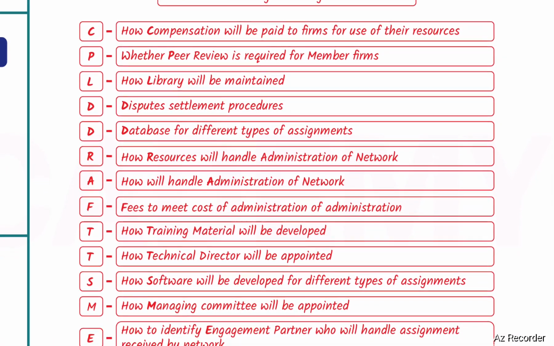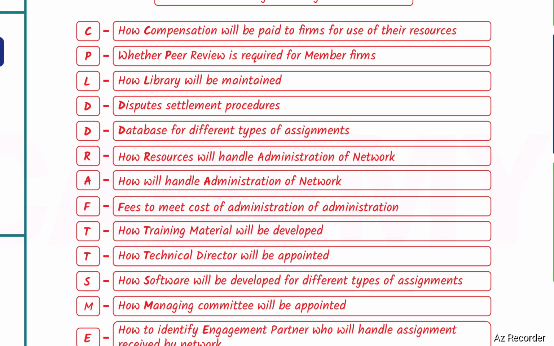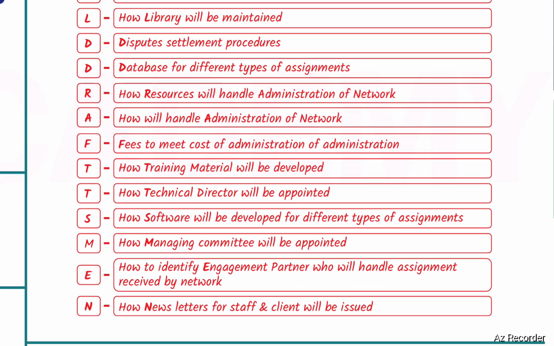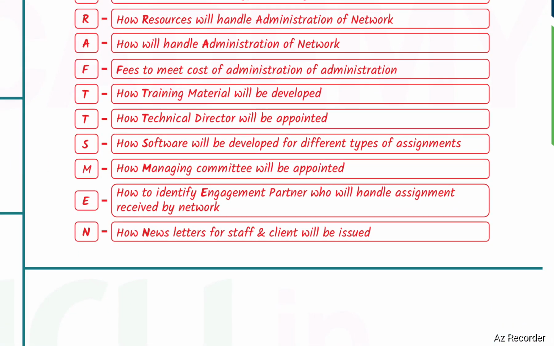How compensation will be paid to the firms for use of their resources, whether peer review is required for member firms, how library will be maintained, dispute settlement procedures, database for different types of assignments, how resources will be handled, how administration of network will be handled, fees to meet cost of administration, how training material will be developed, how technical director will be appointed, how software will be developed for different types of assignments, how managing committee will be appointed, how to identify engagement partner who will handle assignment received by network, how newsletters for staff and client will be issued.